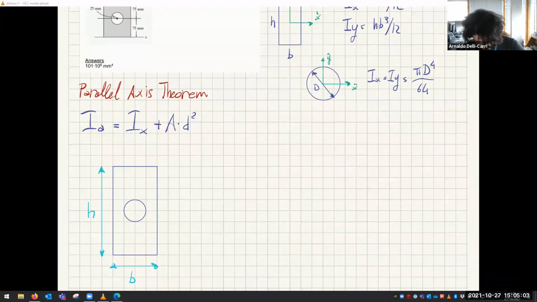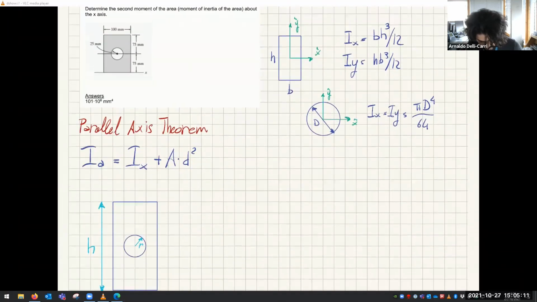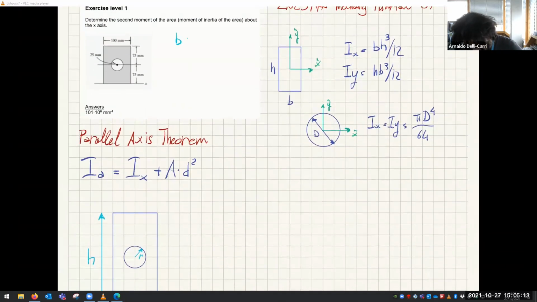And the radius, let's call this r, small r. Yeah, that's it. So we know b is 100 millimeters, h is 150 millimeters, and the radius is 25 millimeters.